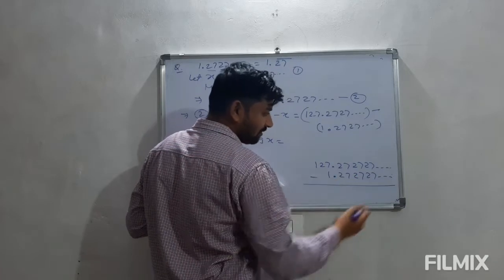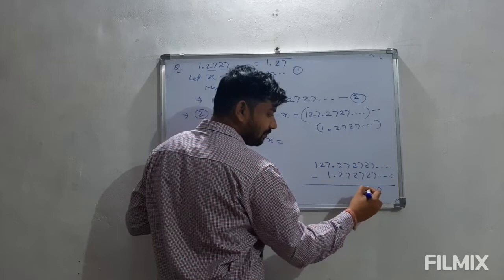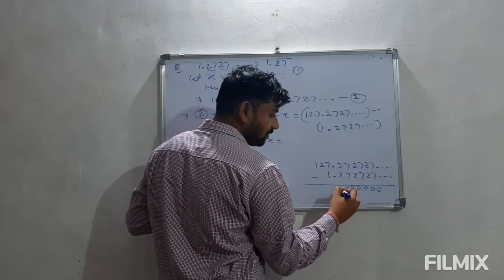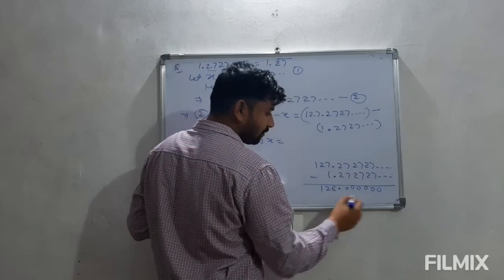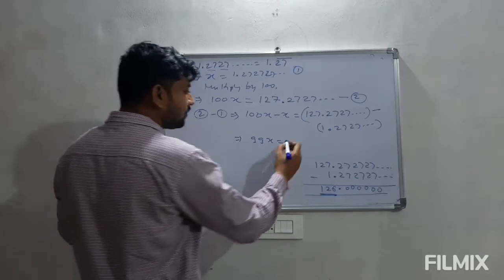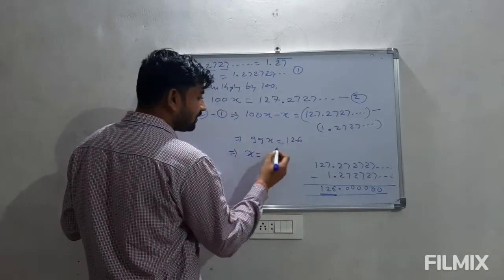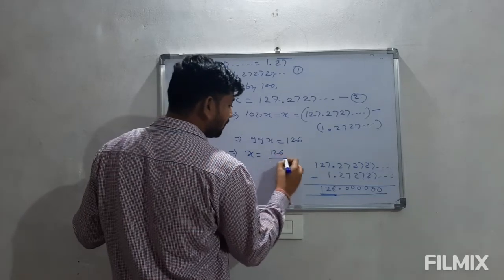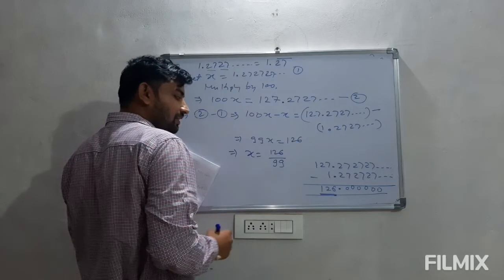Now subtract this. When we look at the decimal part, every digit is the same, so it will be 0. Then 7 minus 1 is 6, then 2, 1. Finally what we are getting is just a whole number, that is 126. So now finally x will come out to be 126 upon 99, as this comes into the denominator.